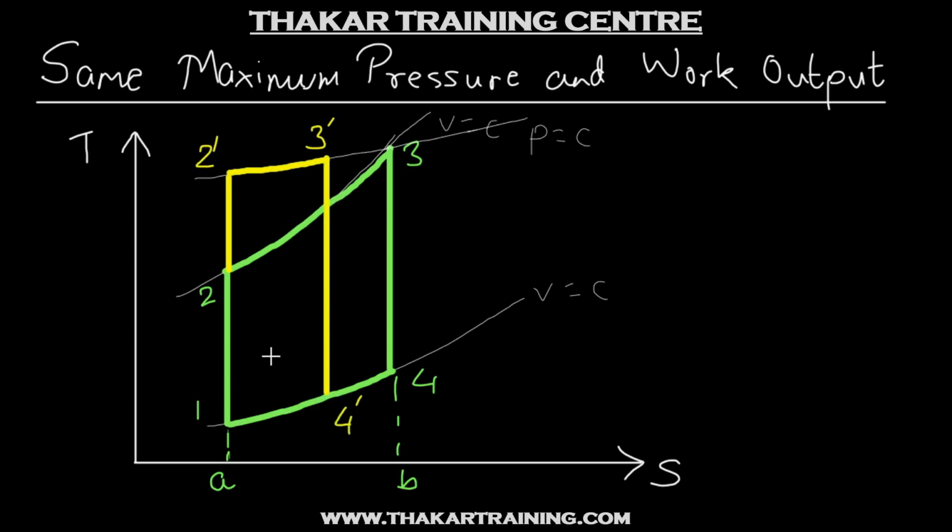I hope you have followed. So now, though it is not to scale, what we can say is area 1, 2 dash, 3 dash, 4 dash, the work output of diesel cycle, is same as area 1, 2, 3, 4. So whatever excess area is there over here is compensated by the area over here. So this area will be equal to this area if we draw to scale, and this is anyway common. So this is how we ensure that the work output is same.